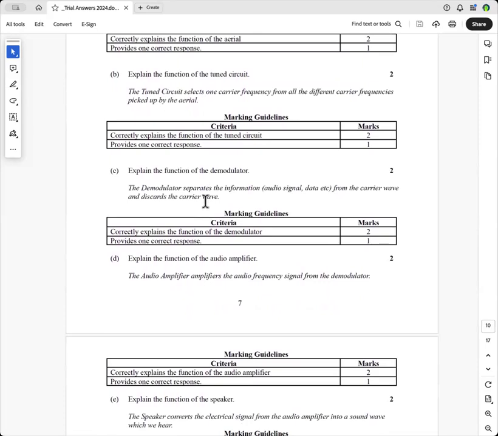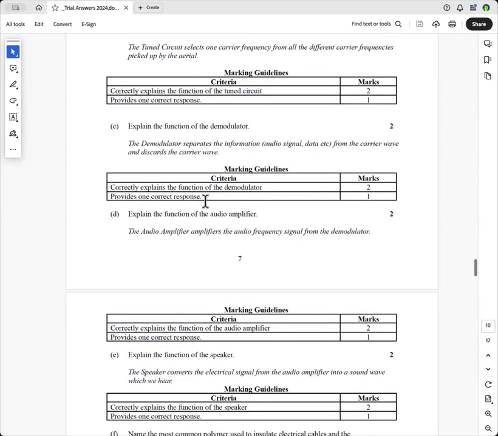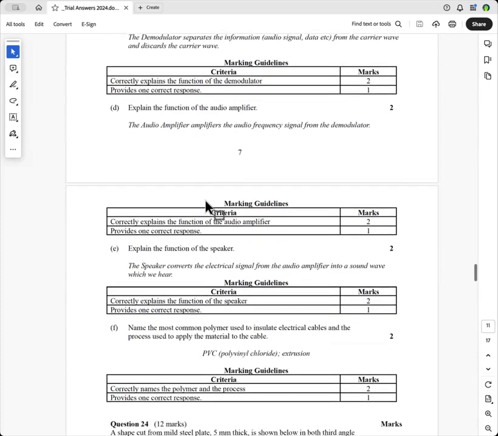Explain the function of the demodulator. The demodulator separates the information wave from the high frequency carrier wave, and it discards the carrier wave because we're after the information wave. Explain the function of the audio amplifier. Because the signal is so weak, the current is so weak, you need an amplifier to amplify the signal that comes from the demodulator.